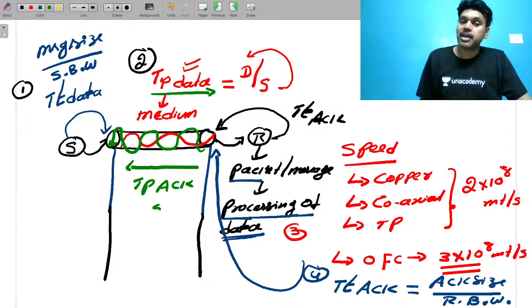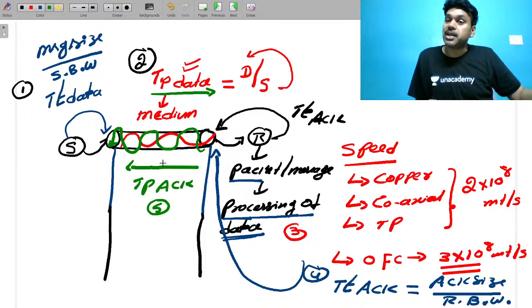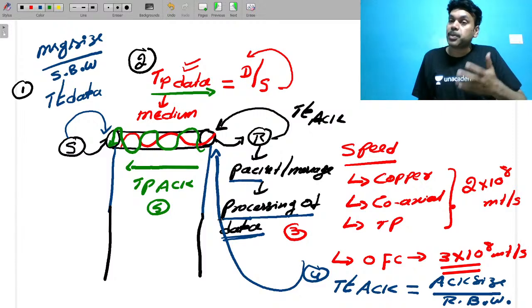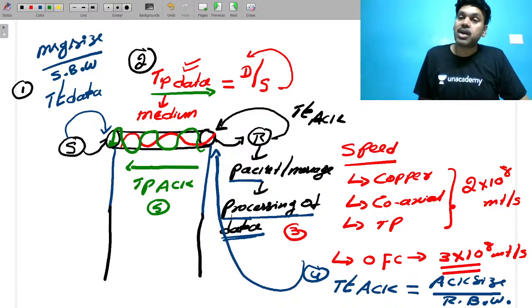This is your fifth delay. First delay is the transmission time of data. Second delay, propagation time of your signal or bit. Third is the data processing delay at the receiver side. Fourth, transmission time of your acknowledgement. Fifth, propagation time of your acknowledgement, that means the time taken by the acknowledgement bits or signal to make a physical journey from the other end of the medium to this end.